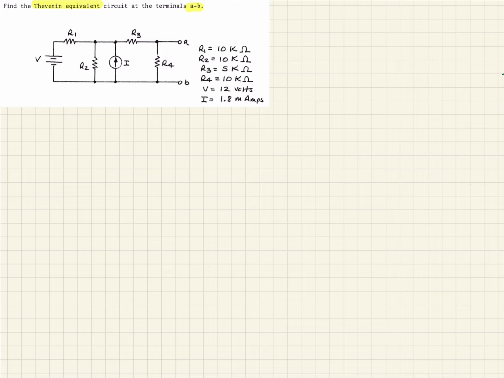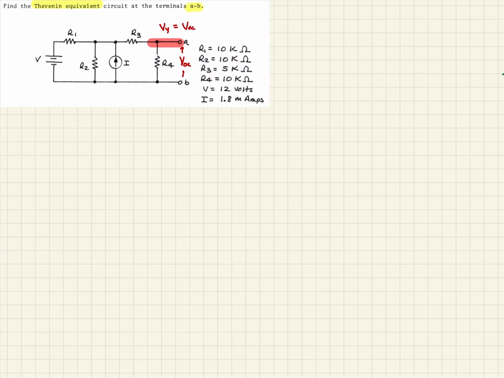So the first thing we want to do is determine what the open circuit voltage is. So that's across A and B. So we're going to just arbitrarily define a couple of nodes here. The first one that we will define is this one, and we're going to call that Vy, which incidentally is also equal to Voc, our open circuit voltage.